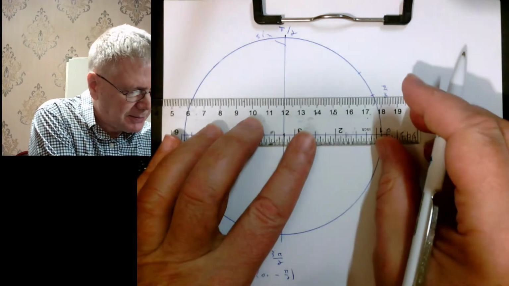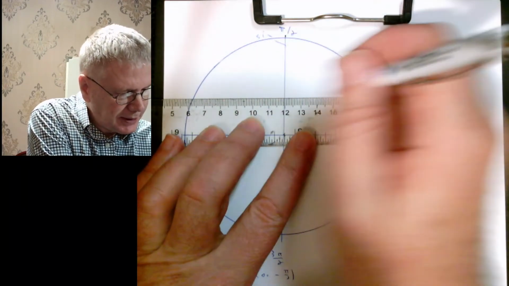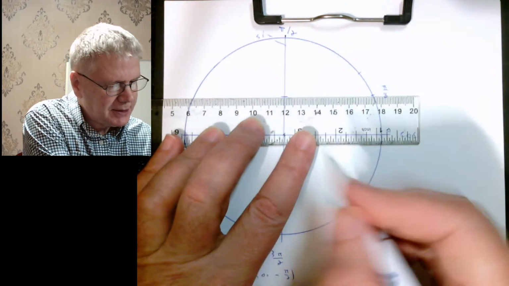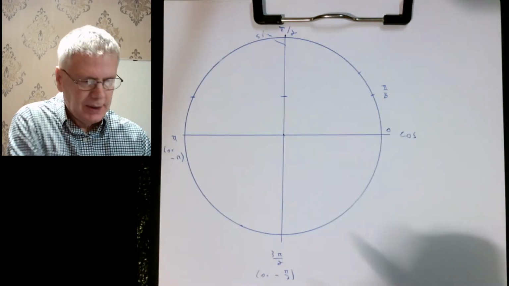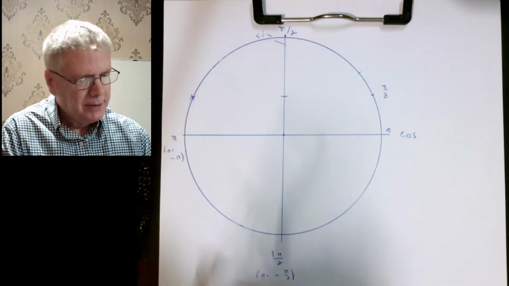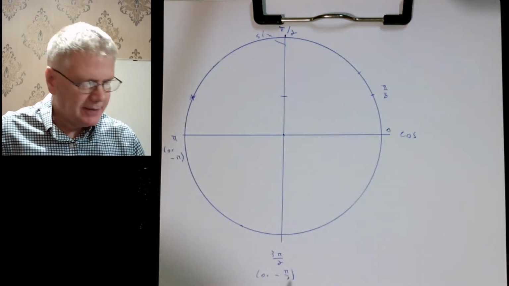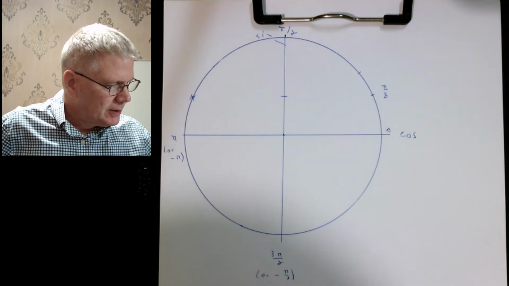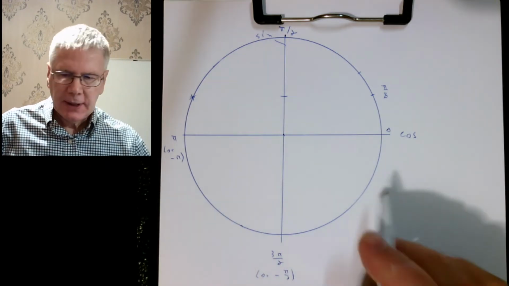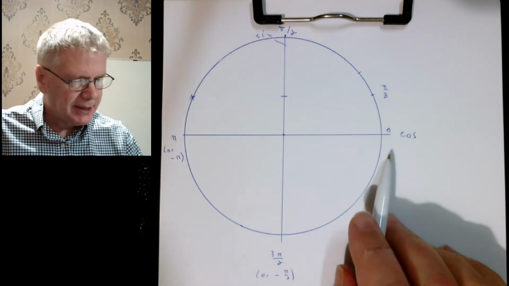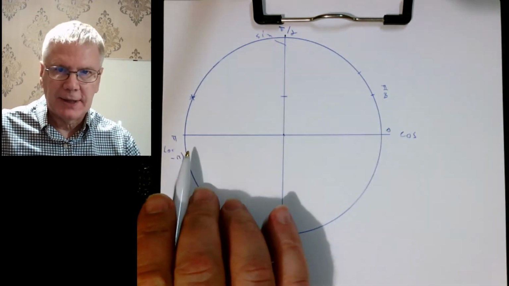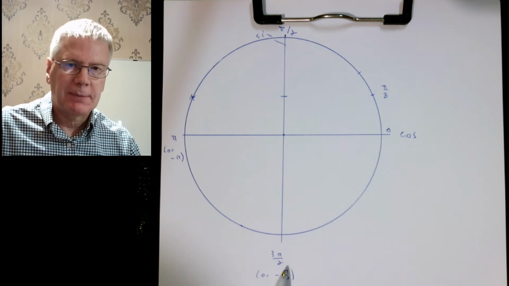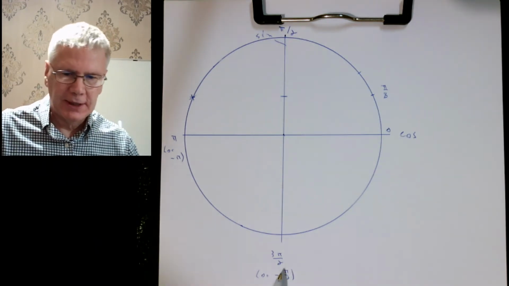Here's my sine value, and if I go over here, I have a point which is the same sine value. I'm working in radians, since the problem was given in radians. That's why we have pi over 2 for 90 degrees, pi for 180 degrees, and 3 pi over 2 for 270 degrees.